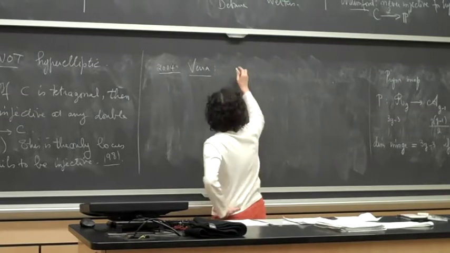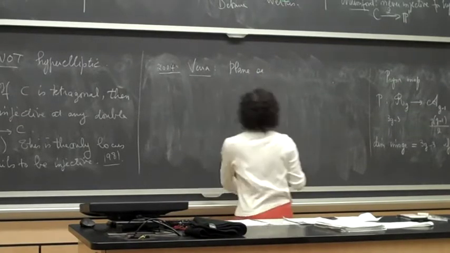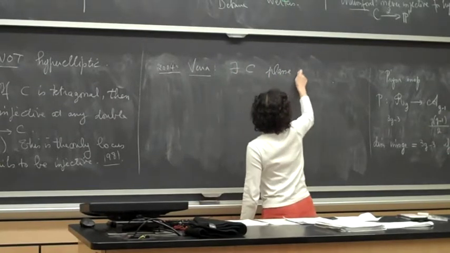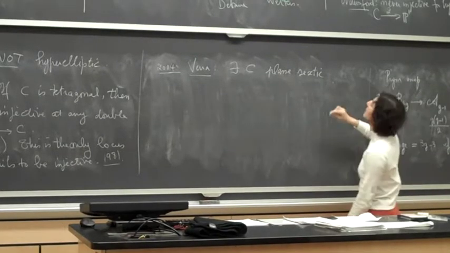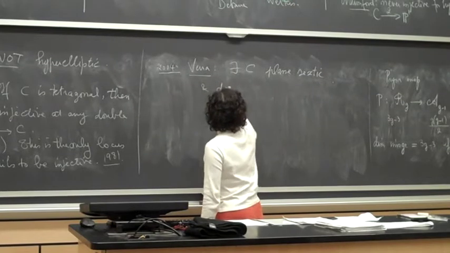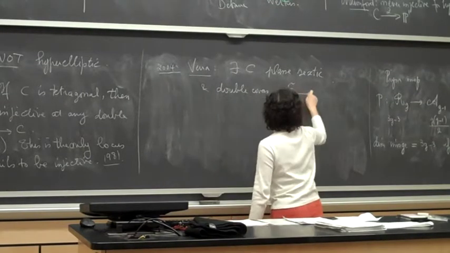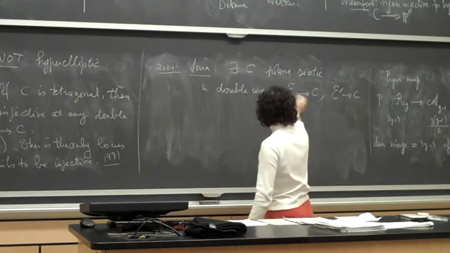So he produced some plane sextics. So there exists C, which is a plane sextic, meaning the zero set of a polynomial of degree 6, such that double covers C tilde to C and C prime tilde to C, which are non-isomorphic.